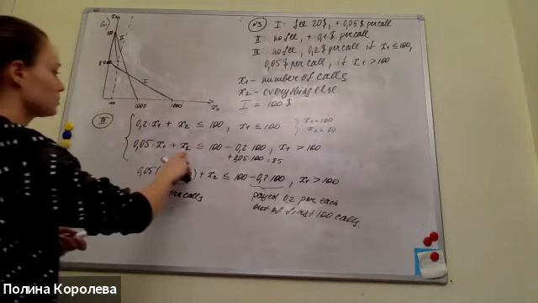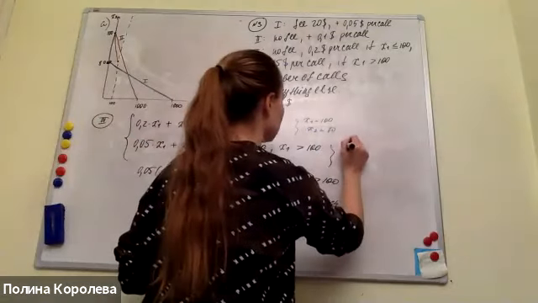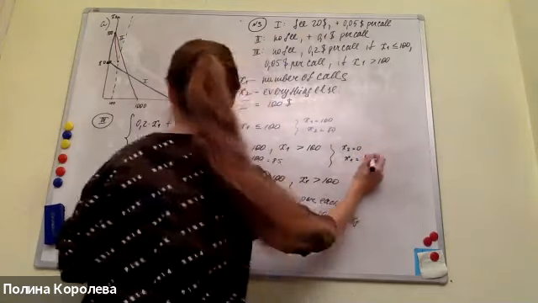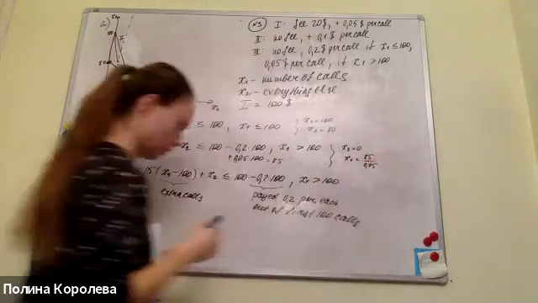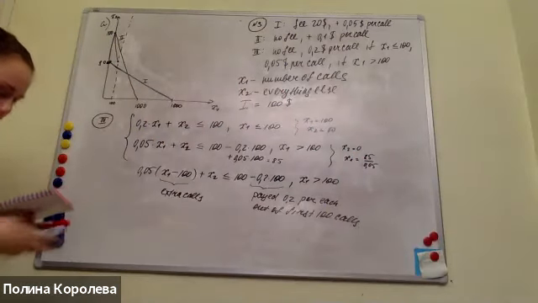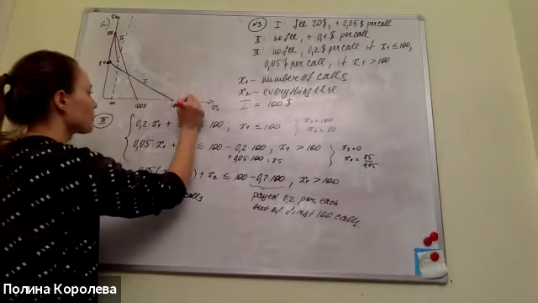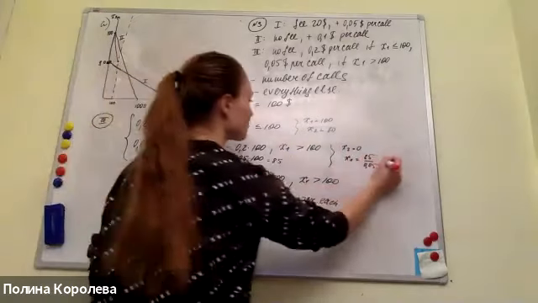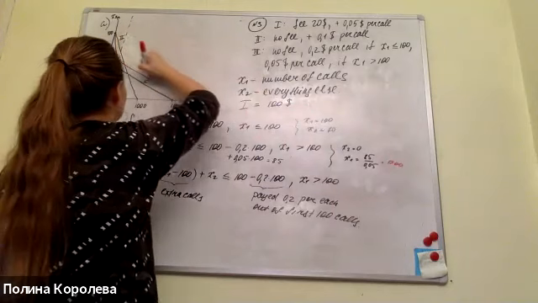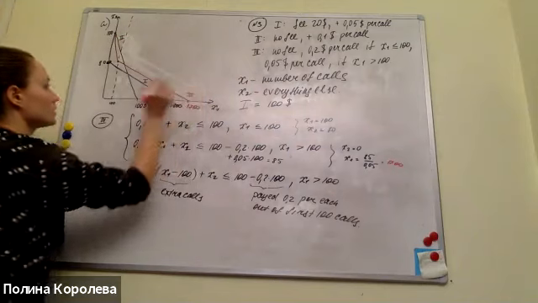So if x2 is equal to 0, x1 will be equal to 85 over 0.05. And this is 1,700. This is option 3.